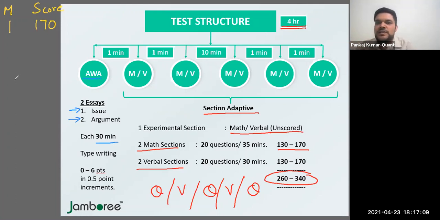Let's say I'm targeting 167, how many mistakes can I afford? So even for 170, you can afford 1 mistake. I'm not saying 0 mistakes, I'm saying max 1 mistake. But 1 mistake can give you 169 also, because it completely depends on your performance, as they're trying to understand what exactly your skill set is. So skill set is going to play a very, very important role here.